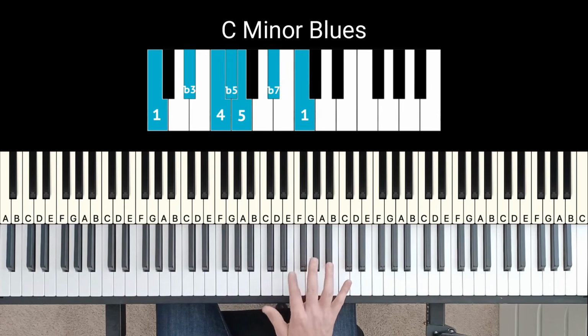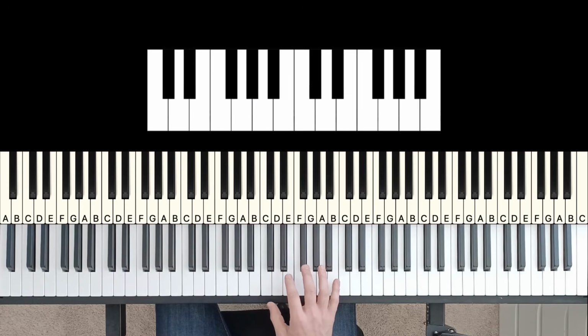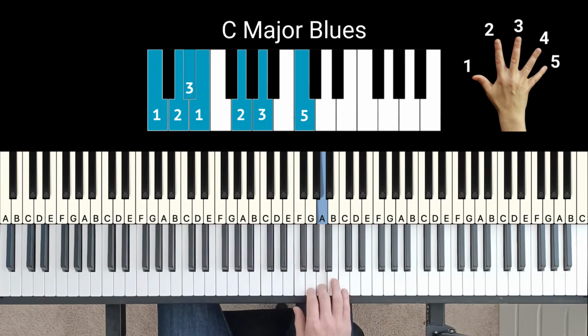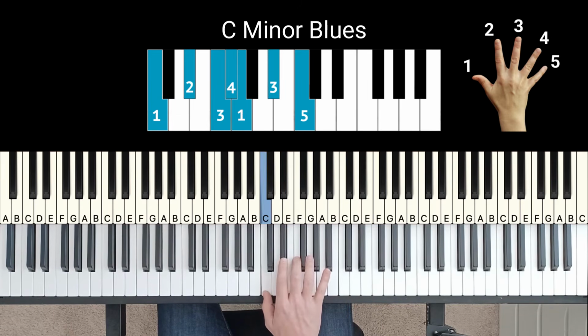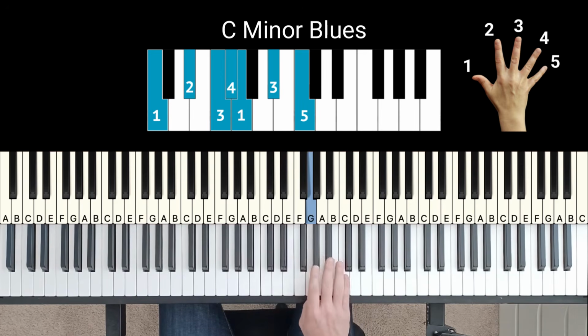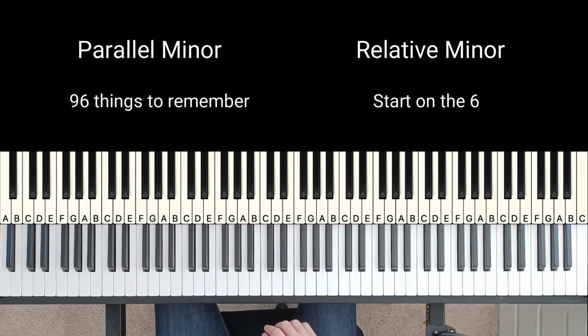So that's 3, 4, 5, 6, 7 flats you're adding. Plus, you have an extra finger pattern when you do that blues minor, because instead of 1, 2, 3, 1, 2, 3, 5 for the major, you're playing 1, 2, 3, 4, 1, 3, 5. So it's an extra finger pattern. So you have 7 flats plus a finger pattern. So that's 8 things you have to remember.